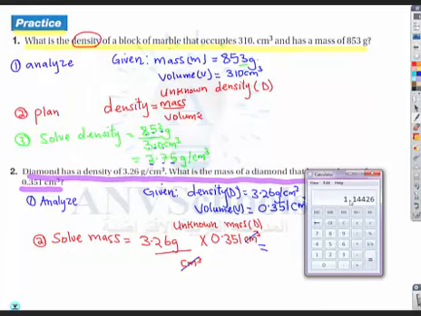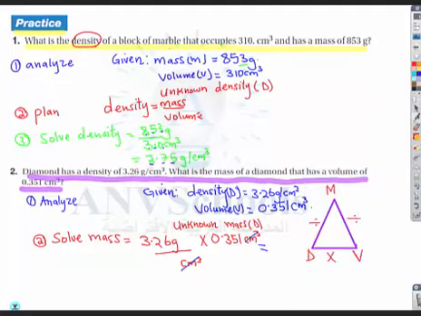So we round off to 2 decimal places. Our answer is 1.14 grams. So this is the answer for that question.